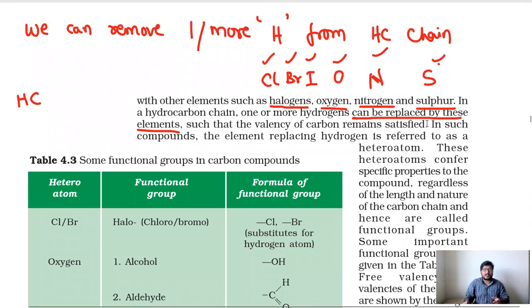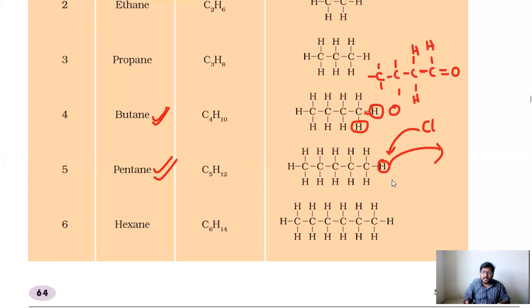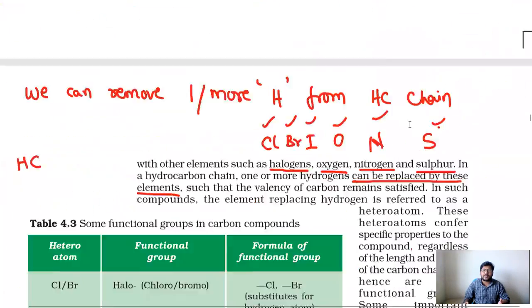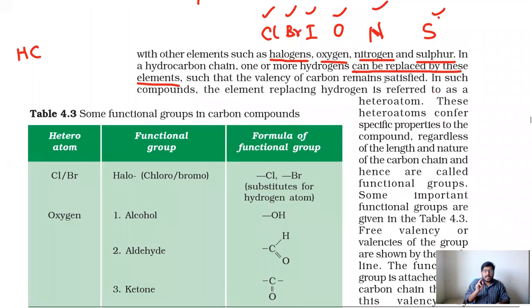There is no change. You see, if you remove hydrogen and add chlorine, it is 4 valencies only. If you remove 2 hydrogens and add 1 oxygen, if you observe this last carbon, valency is 1, 2, 3, 4 only, satisfied. There is no change in valency, but there will be some change.